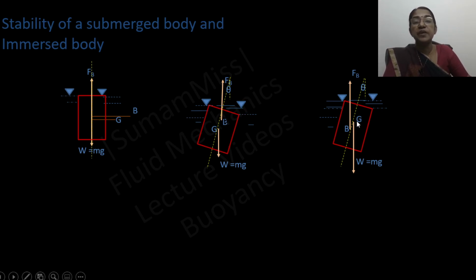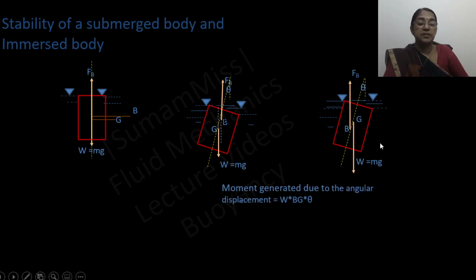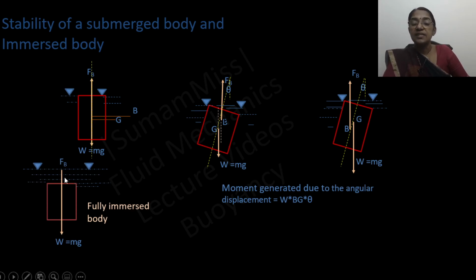Whereas in this figure, the center of gravity G is above the center of buoyancy. So the moment developed is an overturning moment. So it will lead to unstable equilibrium conditions. But in the case of a fully immersed body, there is no change in the displaced volume.